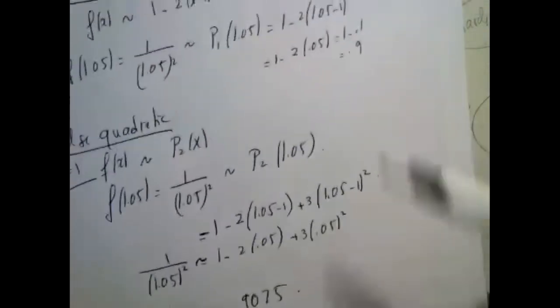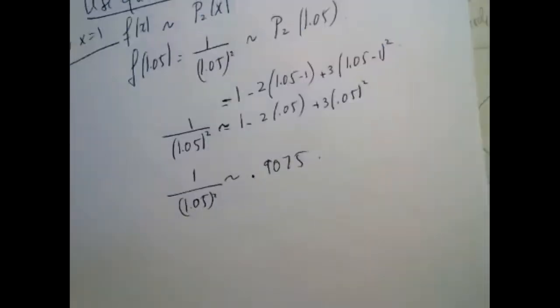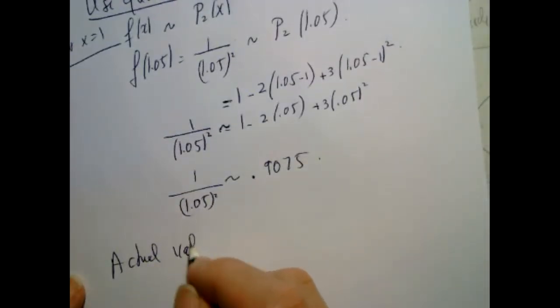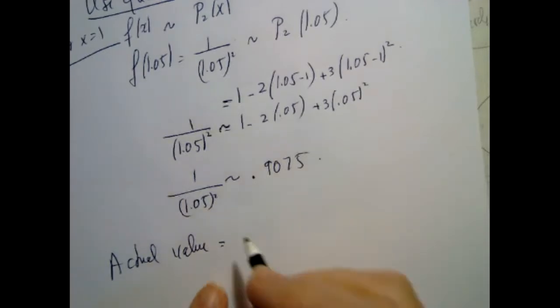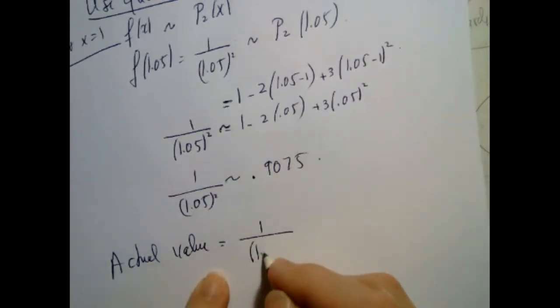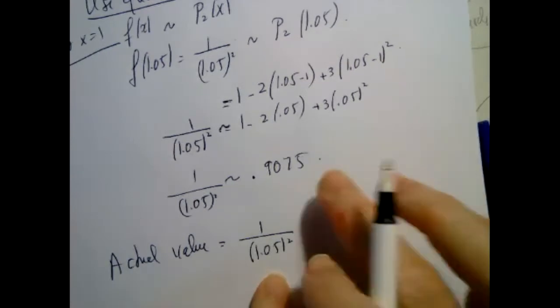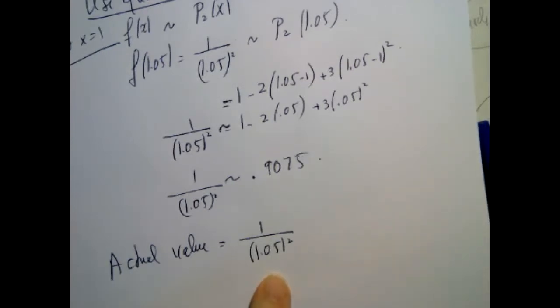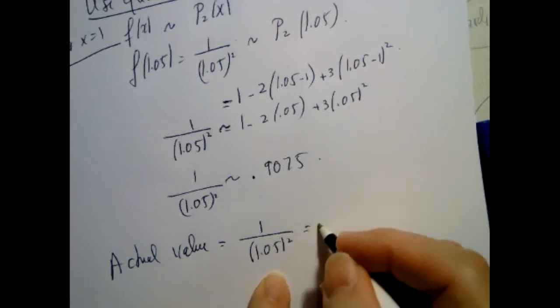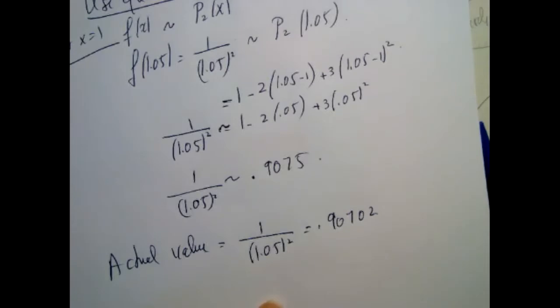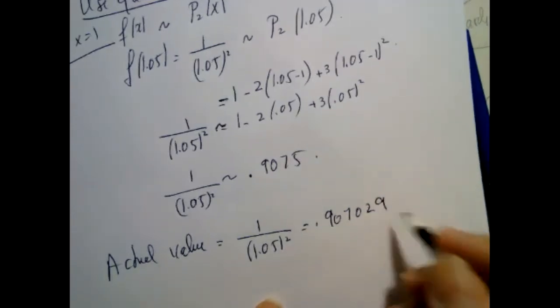Now let us compare to the actual value. So let's see the actual value, it means I evaluate exactly this expression and see how good my approximation using the polynomial is. So I do that. I'm getting 0.90729 basically.